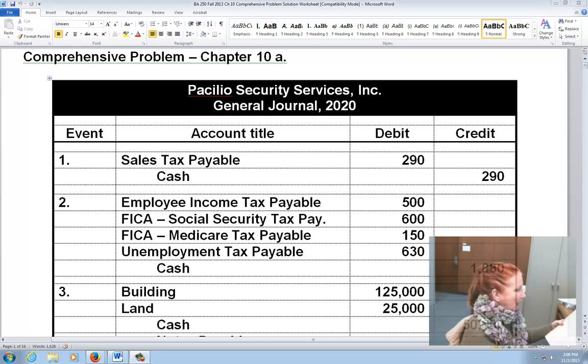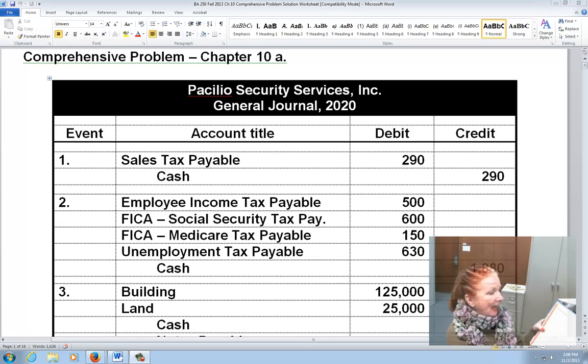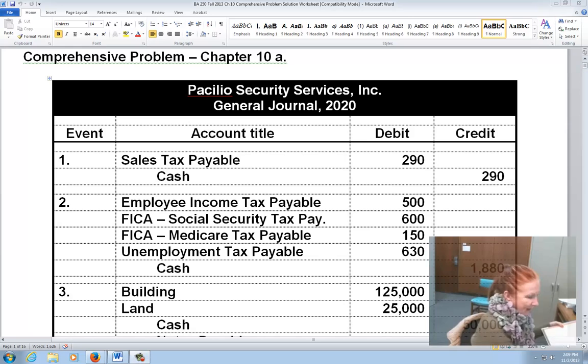Then we had 23 journal entry transaction events, and then we had 24 to 30, so 7 adjusting entries, and then we had to prepare the financial statements, do the closing entries, and prepare the post-closing trial balance. So in this problem we worked through the entire cycle, every step in the accounting cycle.